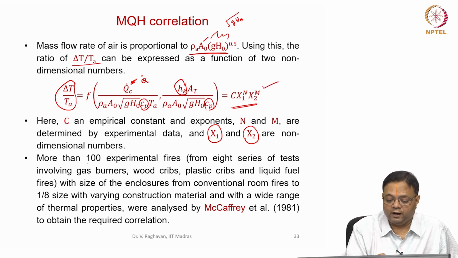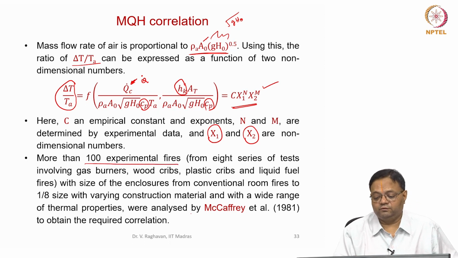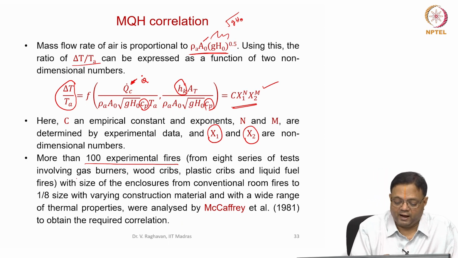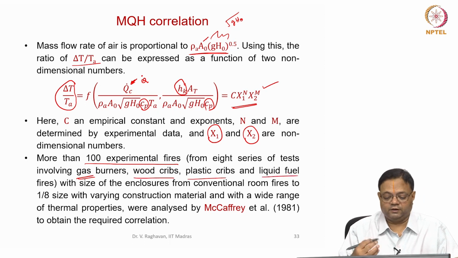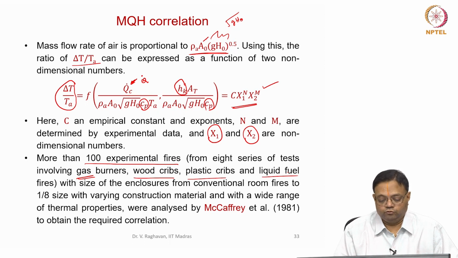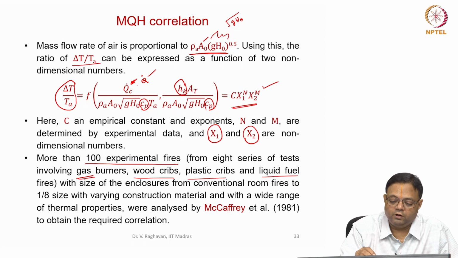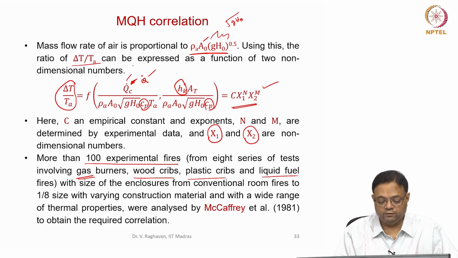Here more than 100 experimental fires have been considered. Different types of fuels like gas, wood cribs, plastic cribs, liquid fuels, etc. have been considered. So, that means different Q dot values and Q dot C values are considered.